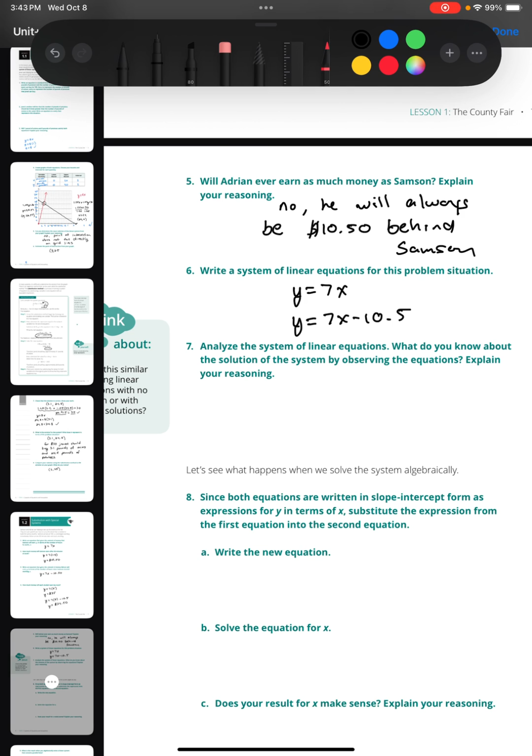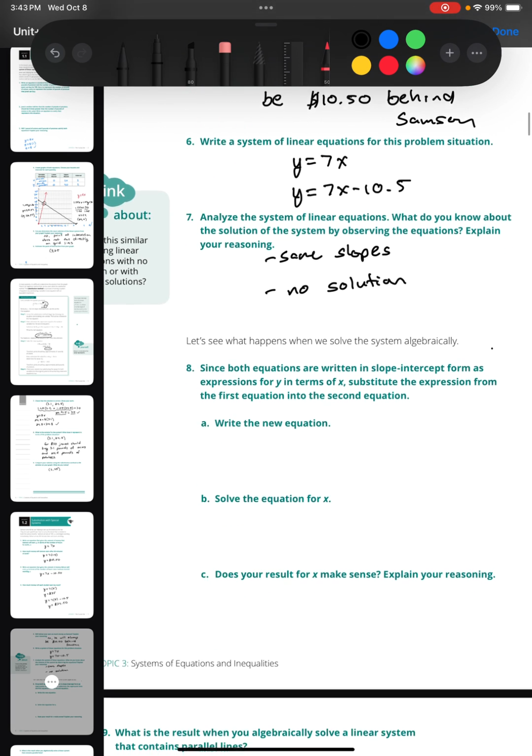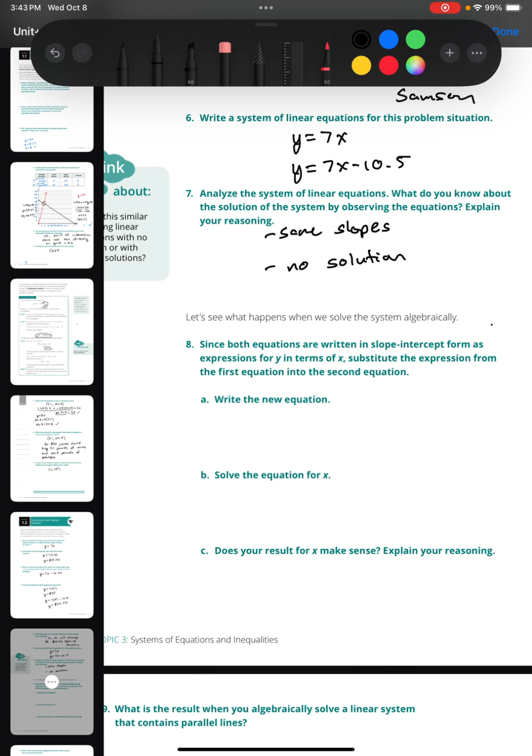So analyze the system of linear equations. What do we know about the solution of systems by looking at the equations? Well, if we look at the slopes, they have the same slopes, so they will never touch, so there should be no solution. Because if we were to graph those two lines, they're never going to touch. Okay, so it says, let's see what happens when we solve that system algebraically now.